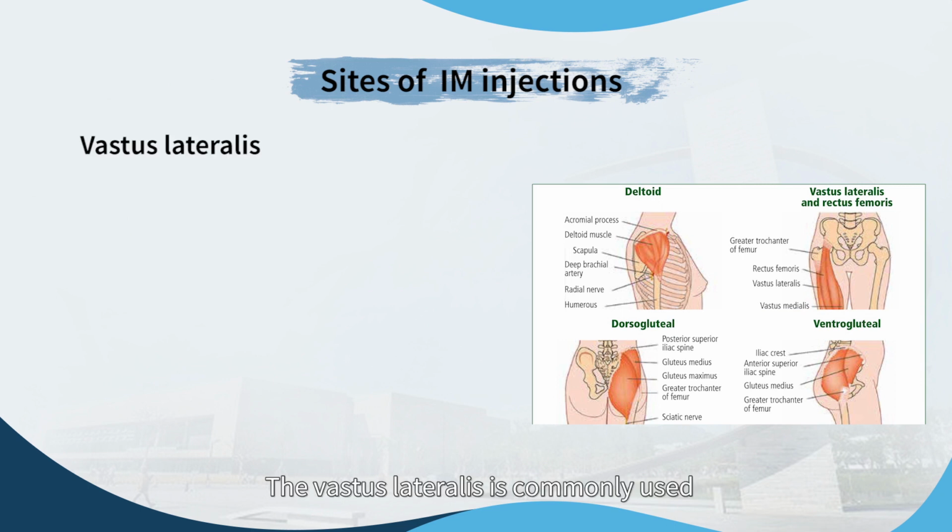The vastus lateralis is commonly used for immunizations for children from infants through to toddlers. The muscle is thick and well developed.